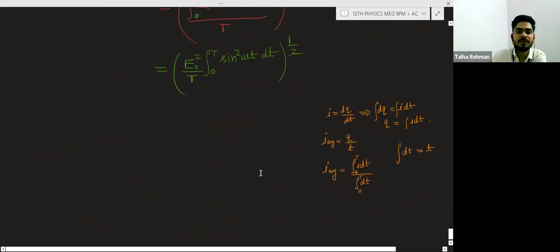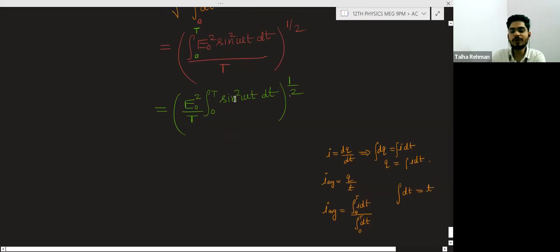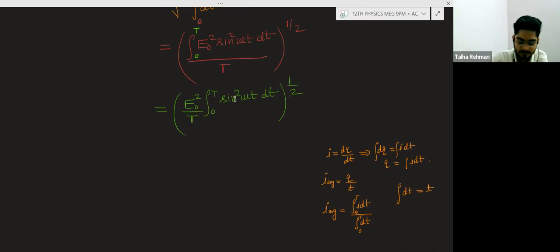Now the thing starts. How will you integrate sine square omega t? Sine square omega t can be written as 1 minus cos 2 omega t divided by 2.